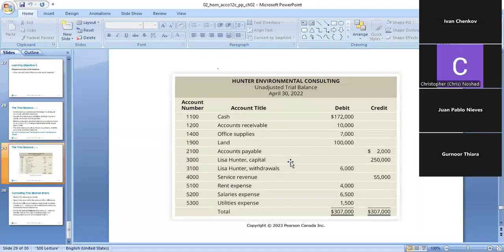The assets belong to the owners: the owner's capital is $250,000, the owner withdrew $6,000 from the company, and the company generated revenue from January 1st up to April 30th of $55,000. Then how much they spent on rent expense, salary expenses, and utility expenses.